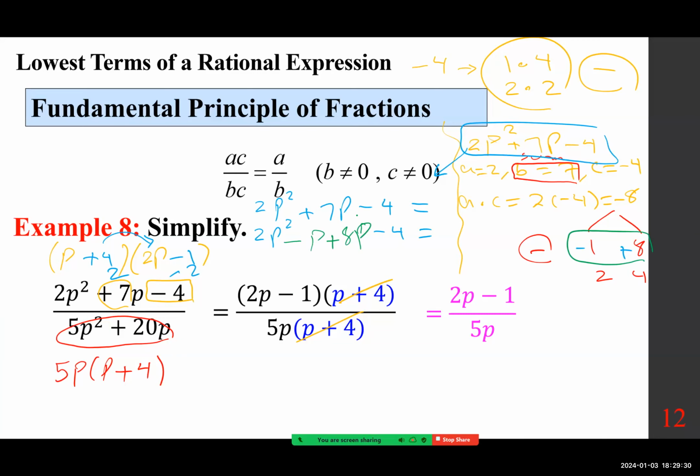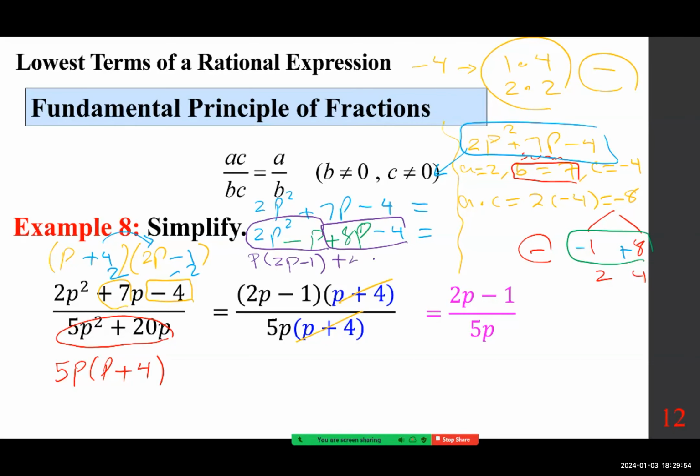So you cut them in a format such that you can factor them by grouping. So if I put these two together, I can take the p out and I get 2p minus 1. And if I put these two together, I can take the 4 out, and again 2p minus 1.